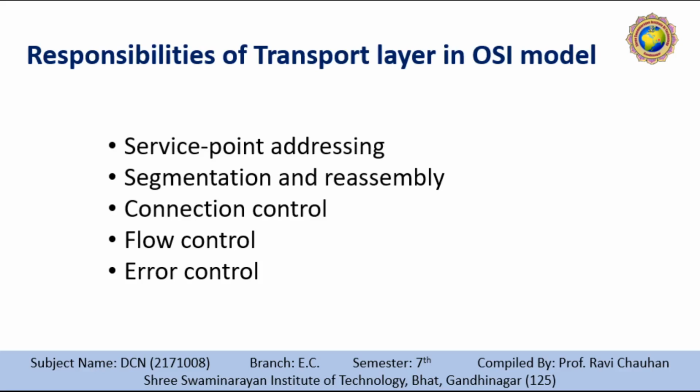However, error control at this layer is performed process to process rather than across a single link. The sending transport layer makes sure that the entire message arrives at the receiving transport layer without error, such as damage, loss, or duplication. Error correction is usually achieved through retransmission. We are going to see the particular protocol for this type of retransmission.